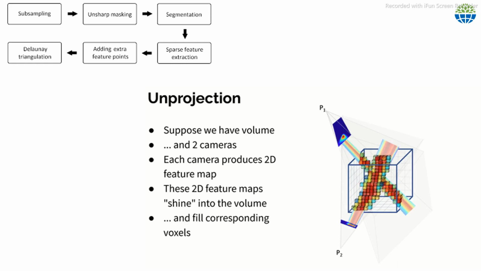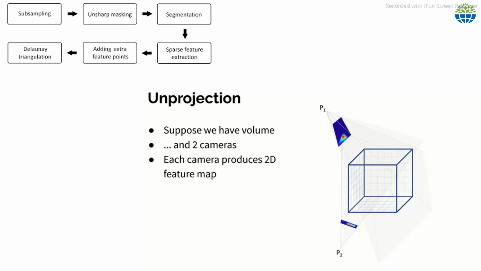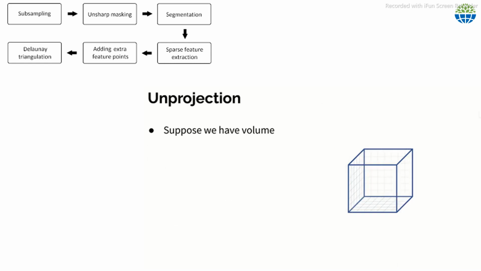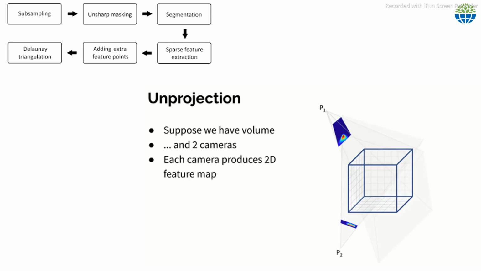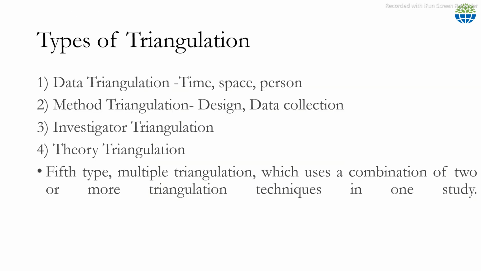So the 2D feature maps appear into the volume to fill the corresponding box. Then we can calculate the volume of this box without measuring the dimensions of this box. That is the triangulation method.